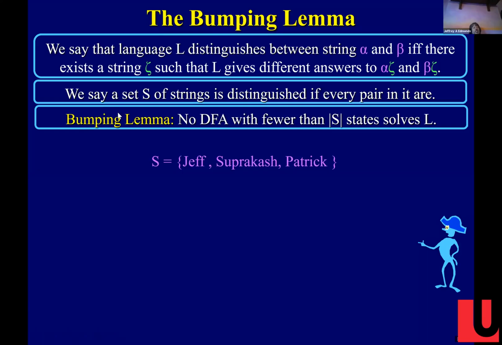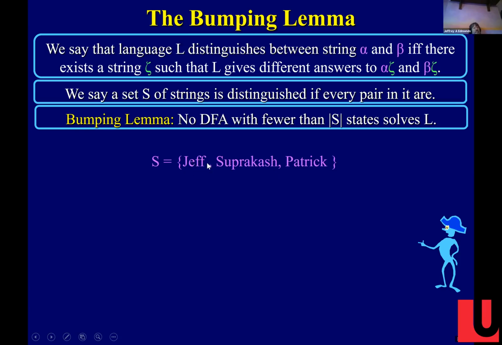Then this is what the pumping lemma is going to say, right? If I have a set S of strings such that every pair is distinguished, then any DFA that solves the problem needs to have a number of states at least the size of this set of strings. Why is that?